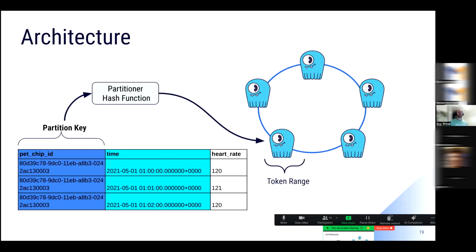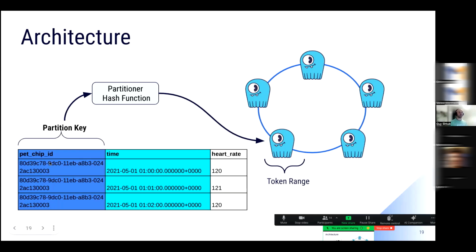Okay, so when we write a piece of data to our database, each table has a partition key. A partition key in ScyllaDB and Cassandra and DynamoDB is one or more columns, and the database takes the partition key.